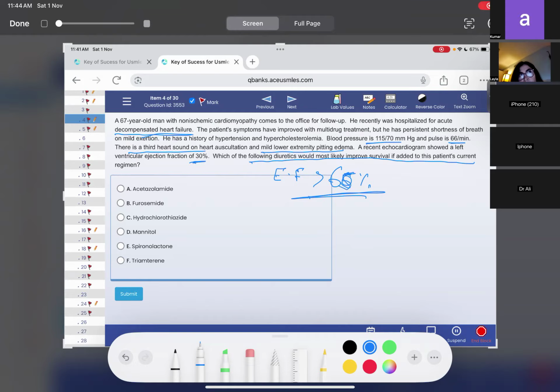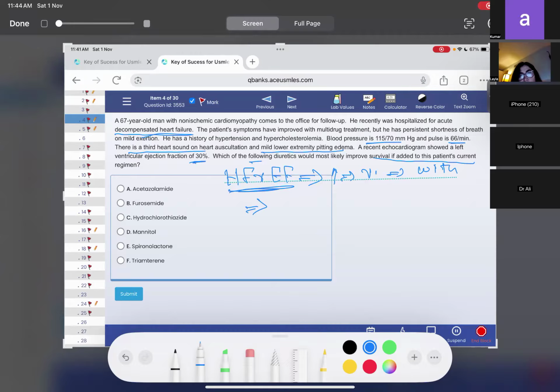Some books say 65, some say 60. So this patient has a reduced ejection fraction, so it is heart failure with reduced ejection fraction, HFrEF. There are some medications that will increase the survival rate of patients with reduced ejection fraction.